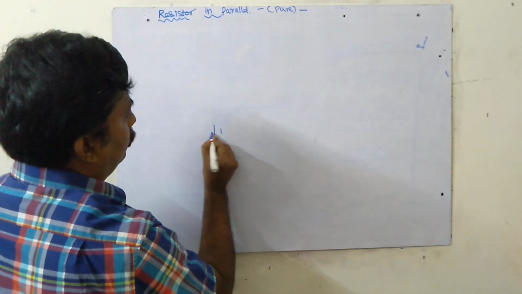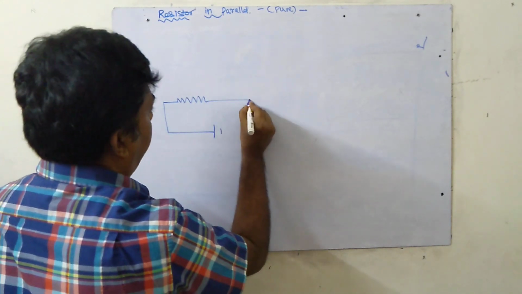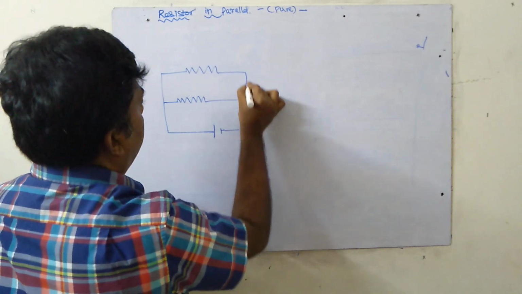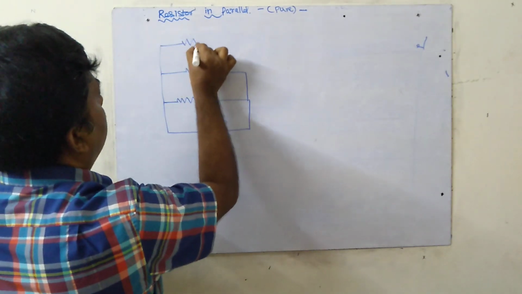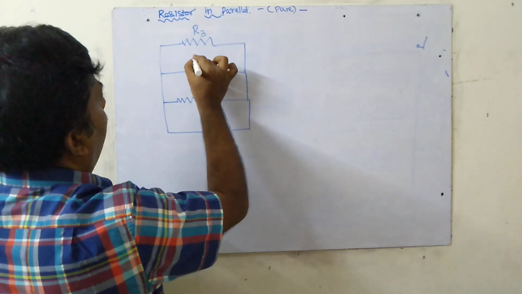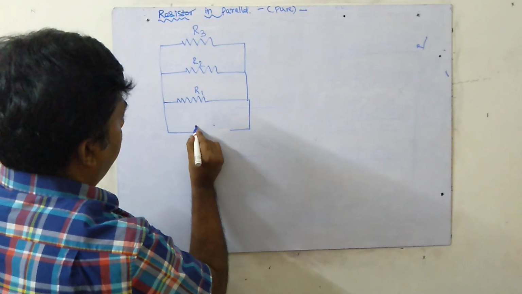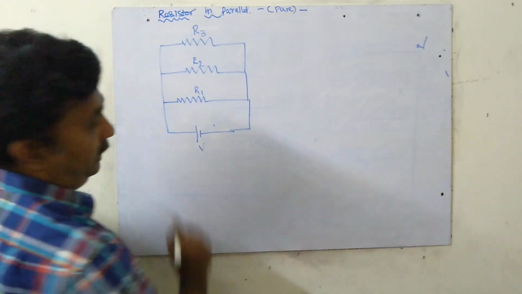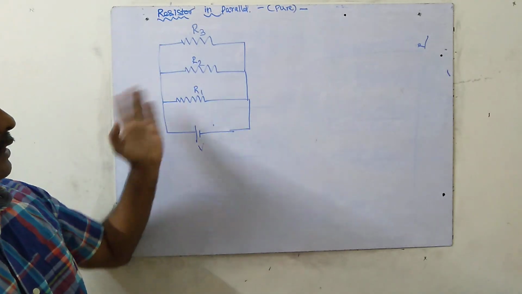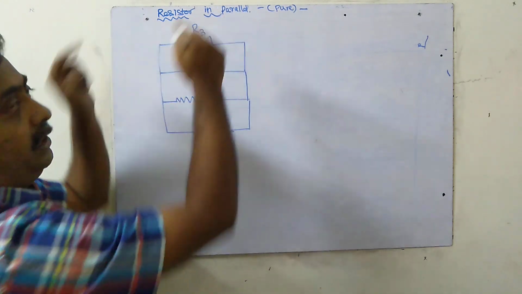I am having a source with 3 resistors, same as before: R1, R2, R3, connected to supply voltage V. In a pure parallel circuit, there is no combination. The voltage will be common here, here, and here.